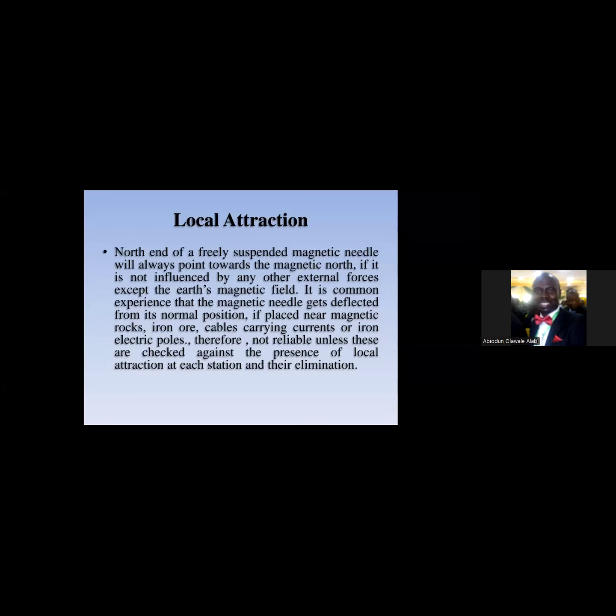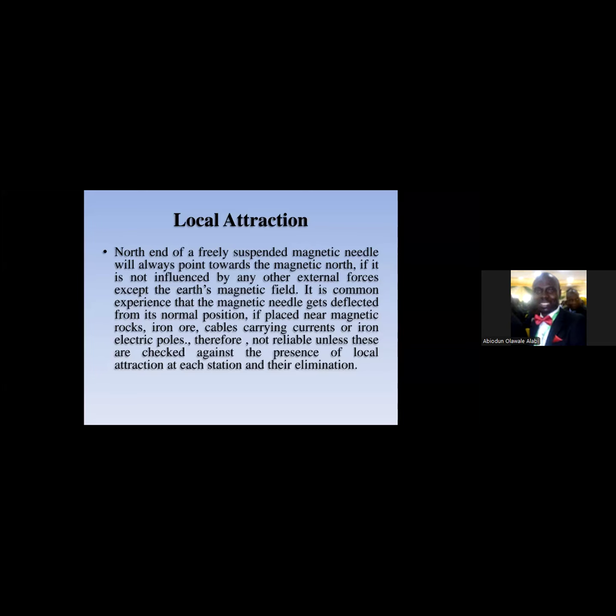What are their effects on the compass? They affect the magnetic needle of the compass. Don't forget, the magnetic needle of a compass points in the direction of the magnetic north, or the magnetic meridian.